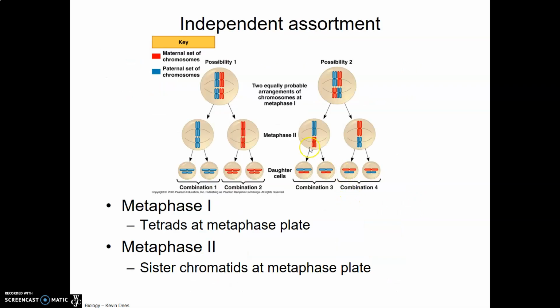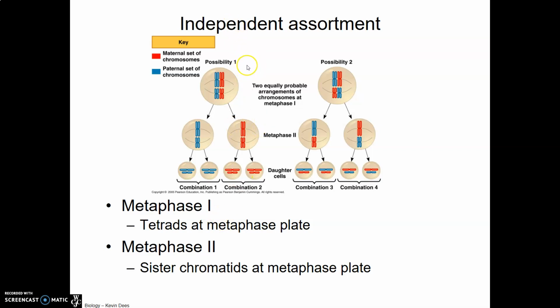Well, independent assortment refers to the direction at which these chromosomes line up on the metaphase plate. And again, it's just north or south, heads or tails. There's a 50-50 chance whether each one of these homologous chromosome pairs, or in the case of what occurs during metaphase 1, the tetrads themselves will begin to move.